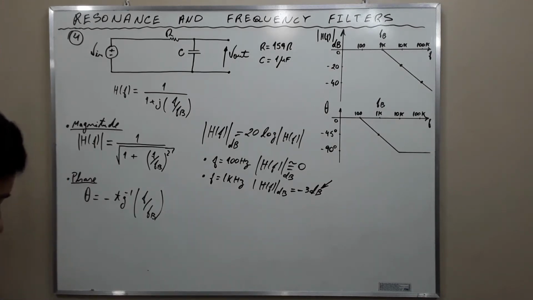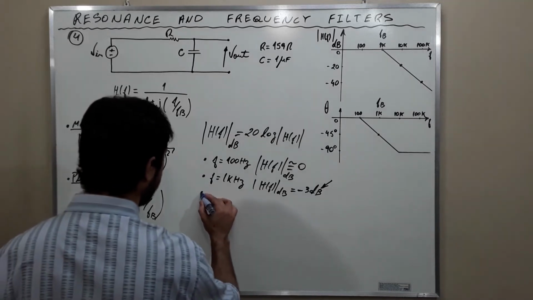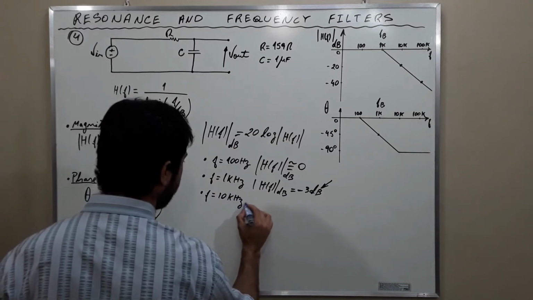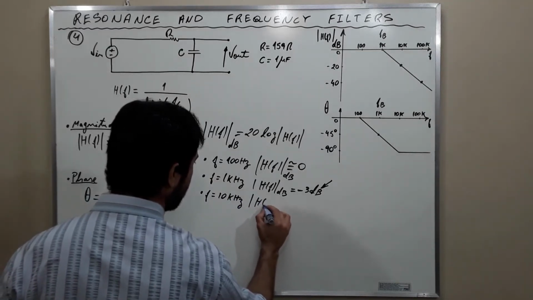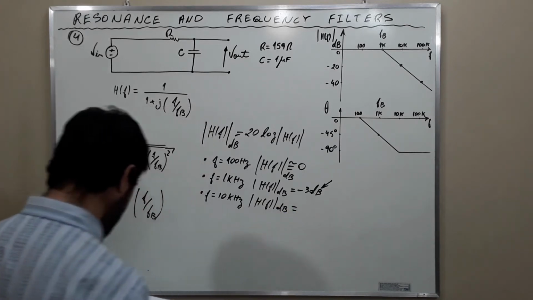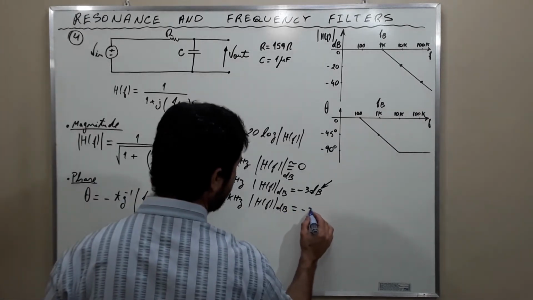For the frequency of 10 kilohertz, the magnitude in decibels is equal to negative 20.